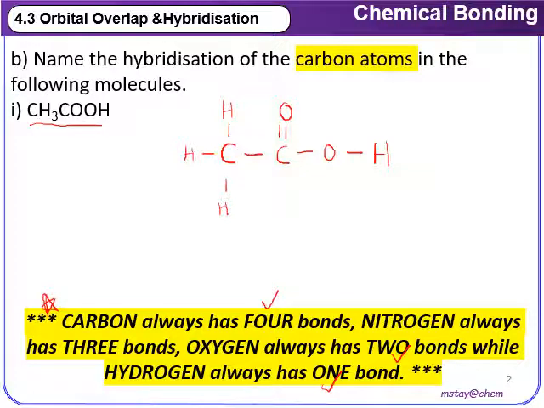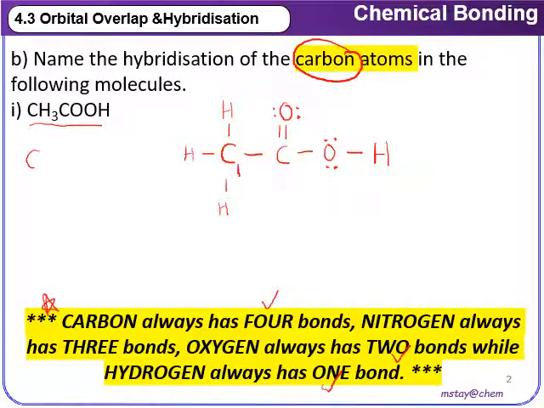So basically, don't forget, once the oxygen has 2 bonds, it is also going to have 2 lone pair electrons. The same case happens to the oxygen here. So now we want to determine the type of hybridization for this carbon. Let's say we label this carbon 1.